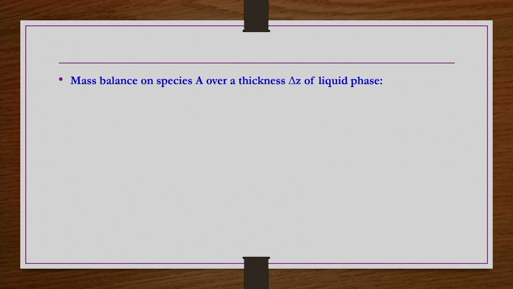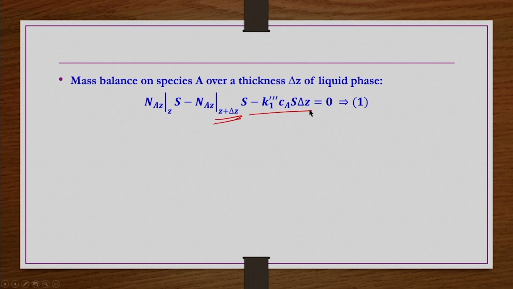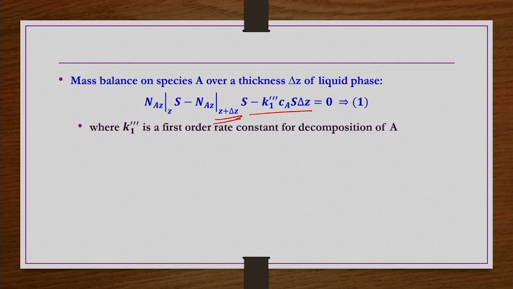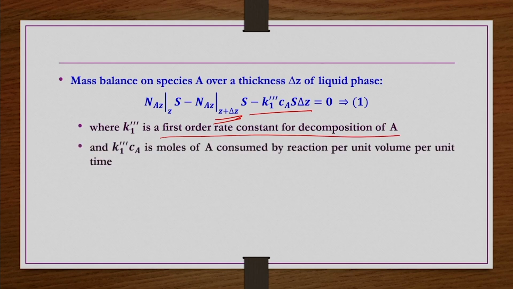Now, mass balance on species A over thickness delta Z of the liquid phase: if we write NaZ at location Z multiplied by S, minus NaZ at location Z plus delta Z multiplied by S, minus the rate of disappearance of A, that is K1 triple prime Ca S delta Z, is equal to 0. Here K1 triple prime is the first order rate constant for decomposition of A, whereas K1 triple prime Ca is the moles of A consumed by the reaction per unit volume per unit time, right.